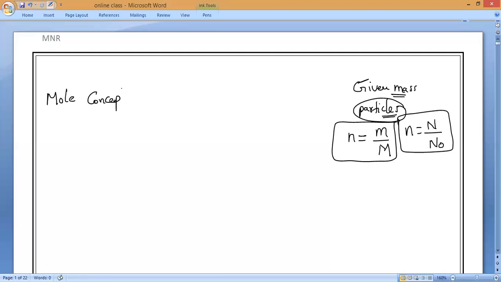This is a question: what is the volume of 1 mole of gas at STP, standard temperature and pressure? That is a popular question in government exams. Mole concept for gaseous system.